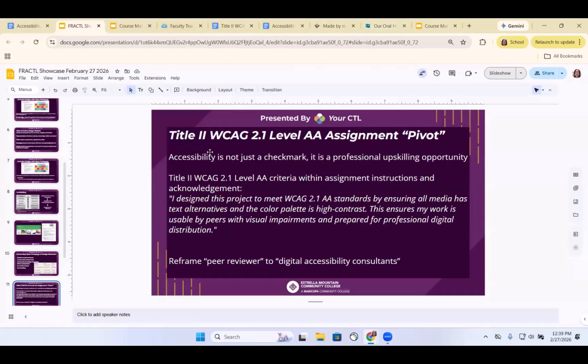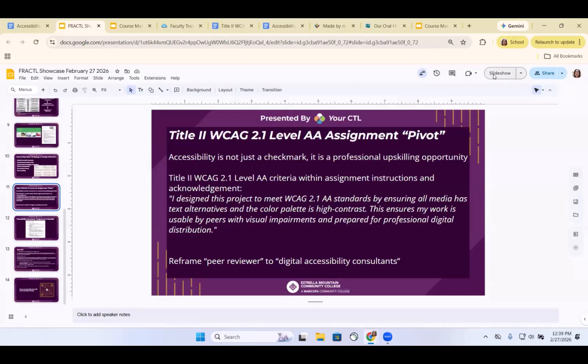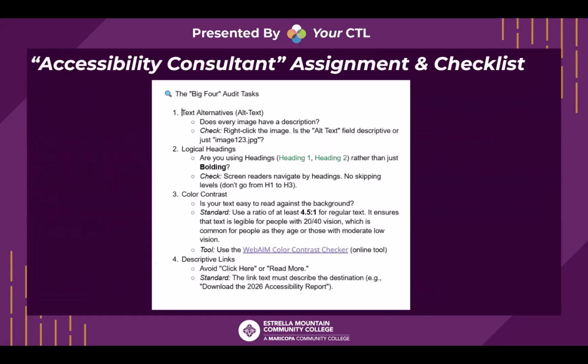I know we want to give time for questions, but as I mentioned, once my students have posted their materials and gotten that peer review, they will say they designed the project to meet the standards, and then they will serve as digital accessibility consultants. They have a checklist where their role is to check a peer's post, not just in terms of the content, but also these standards. And in many ways that helps them upskill.